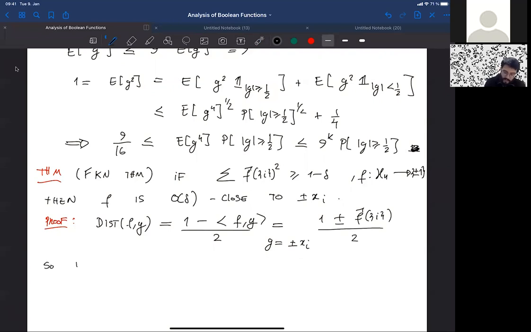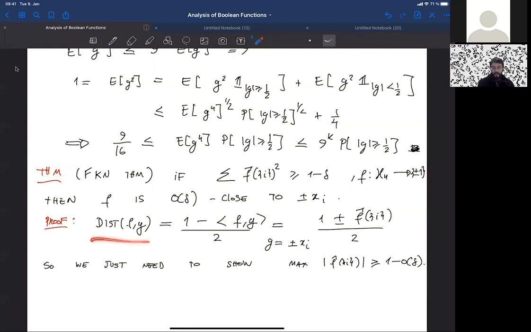So we just need to show that the maximum of the moduli of the Fourier coefficients is greater or equal than some 1 minus O of delta. If that is true, then we bound the distance, okay?